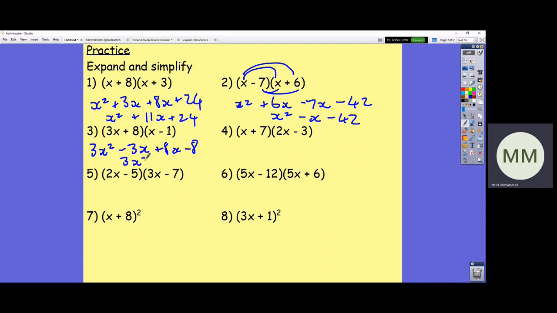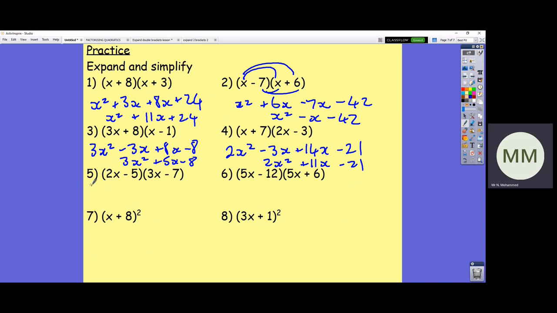And then I simplify that, I get 3x squared plus 5x minus 8. Next one, well, that's a bit messed up because the 2x is in the second bracket, but anyhow, 2x squared minus 3x plus 14x minus 21. 2x squared plus 11x minus 21.